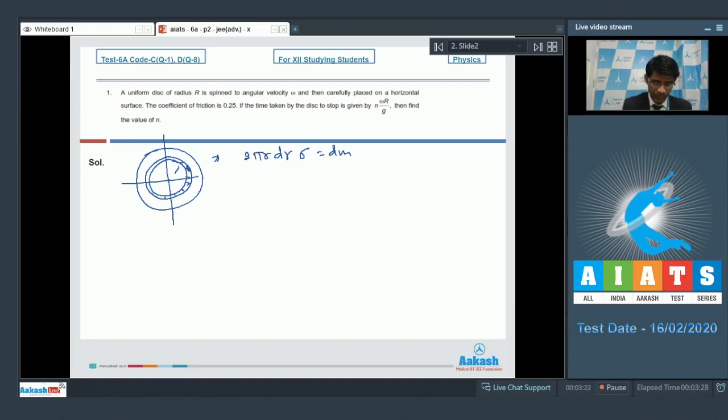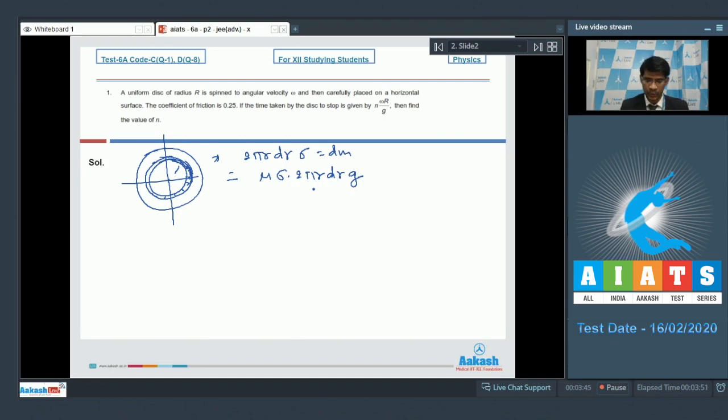Now if it's been rotated along this direction, the friction force will be acting opposite to the relative motion, or I would say the friction force in this direction altogether. It will be mu times normal. Mu is this much and normal is how much? dm into g. So I would say sigma 2 pi r dr into g.